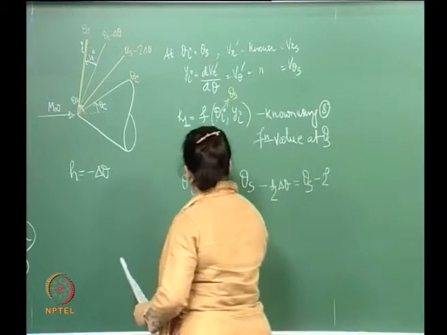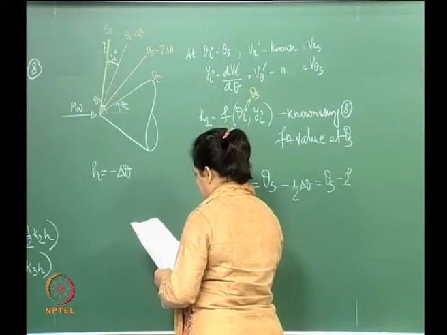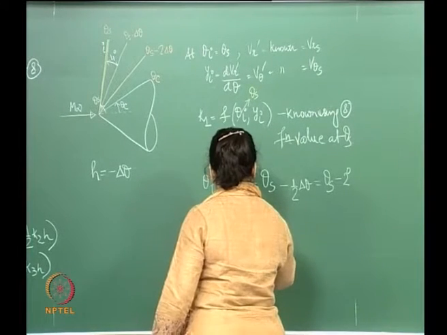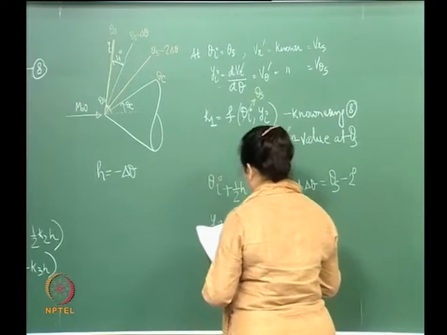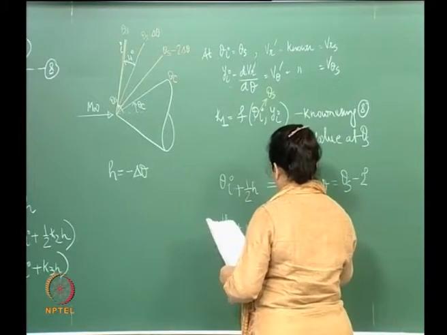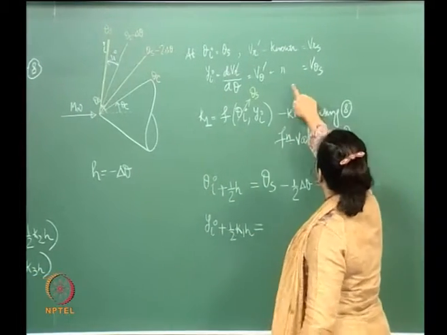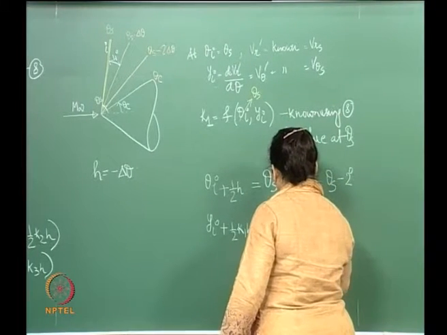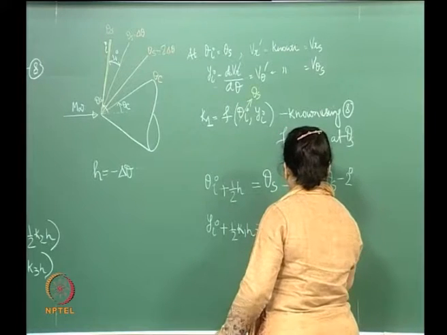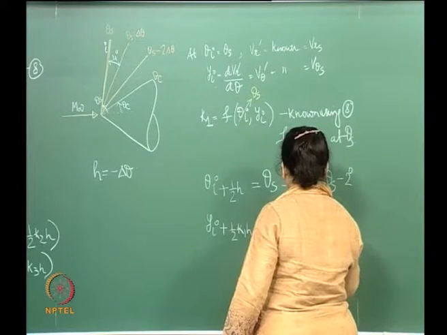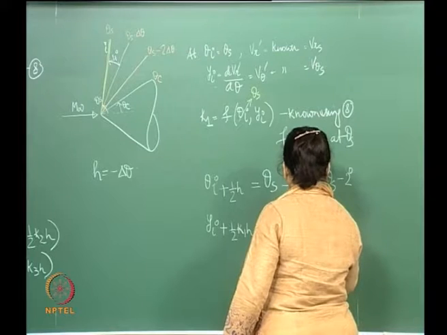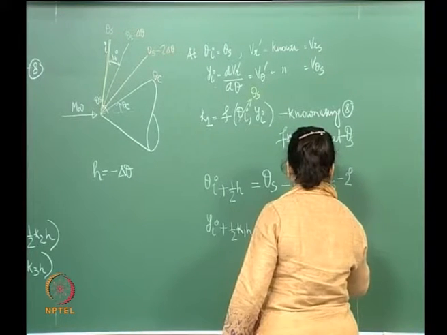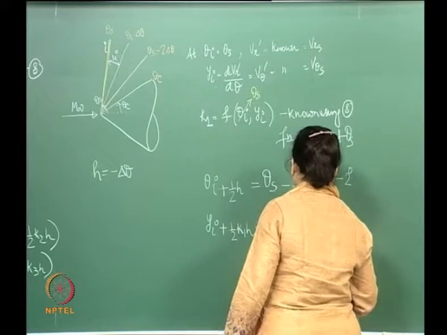And y I was v theta s, right, v theta s minus delta theta is 4.